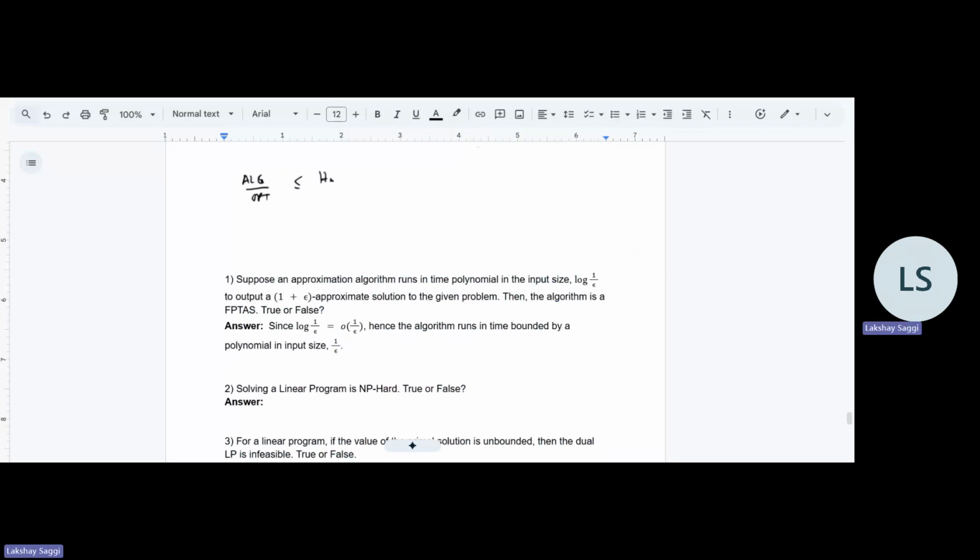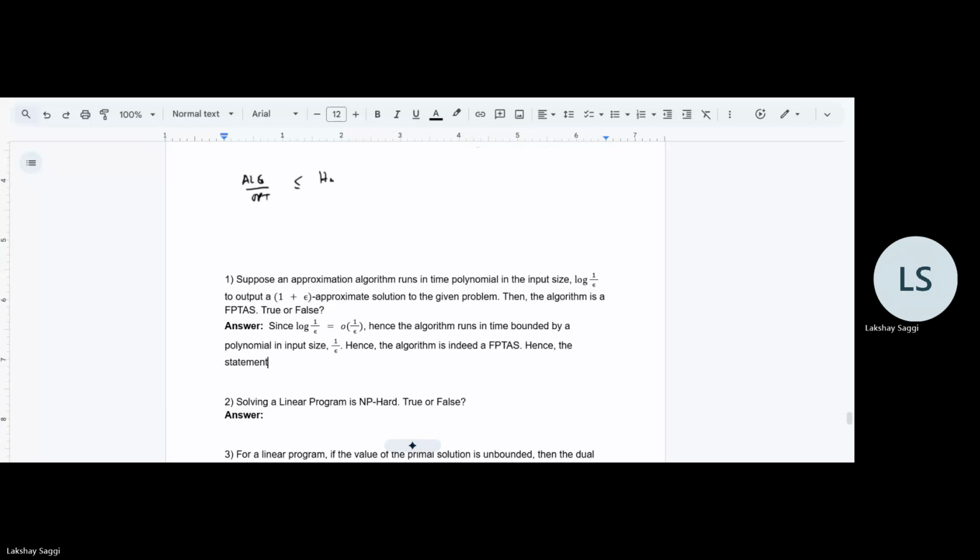So the algorithm runs in time polynomial in input size and 1 over epsilon, and hence the algorithm is an FPTAS. And the statement is, yes, it is true actually.